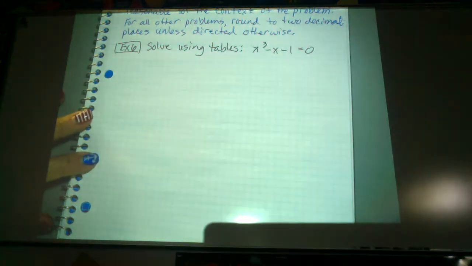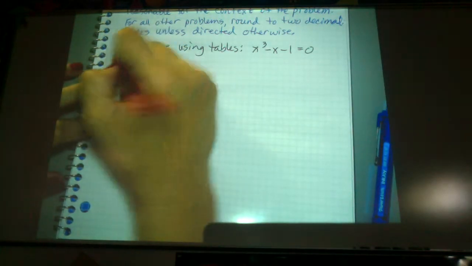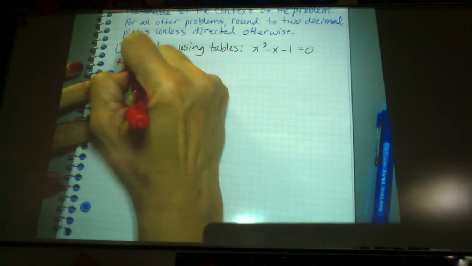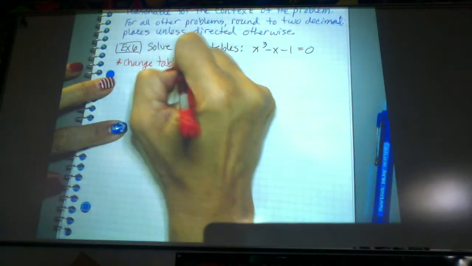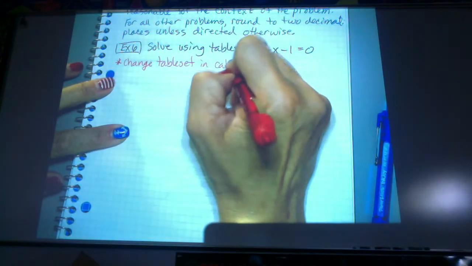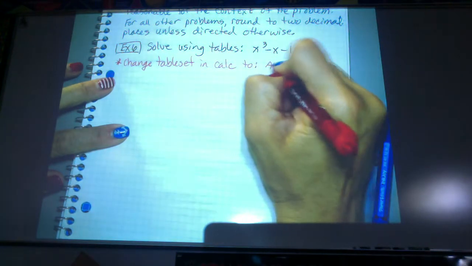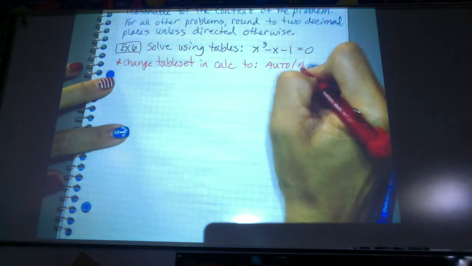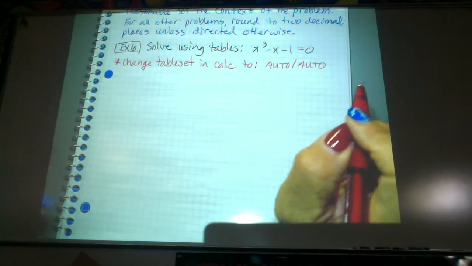So write down the following instructions before I show you. You are going to change table set in your calculator. You want it to read auto, auto for both the independent and dependent variable. Remember, we switched that for some of you.